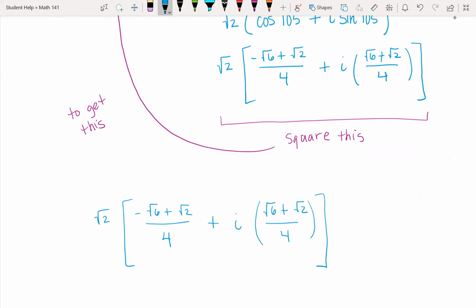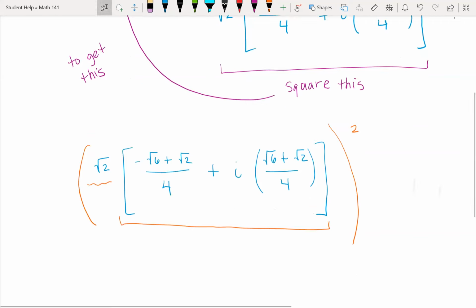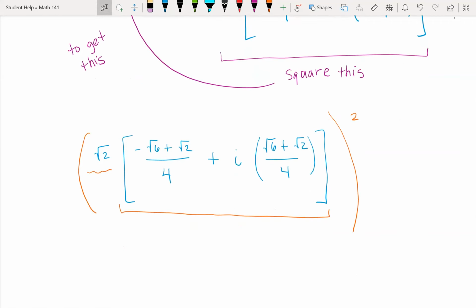I've got one thing here multiplied by this whole thing here. And because I'm trying to square this entire thing, I'm going to square them separately. This first part is super easy, right? When I square this, I'm just going to get 2. So we'll leave that off to the side. This part on the inside, though, is the part that's complicated.